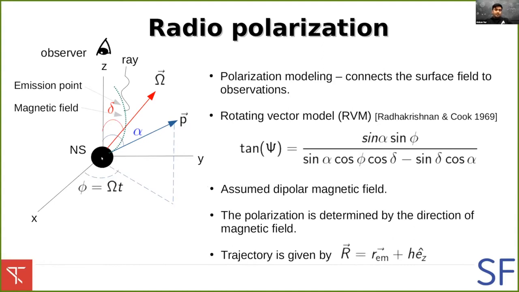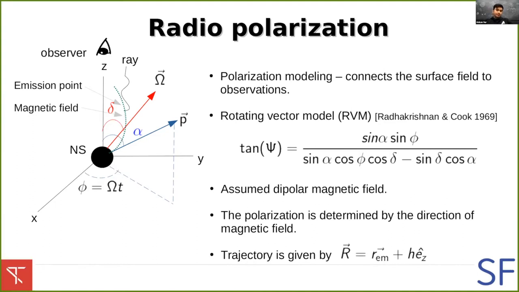So if we look at this picture, the angle alpha is the angle which the magnetic moment axis makes with respect to the observer, which is along the z-axis. And the angle delta is the angle between the observer and the rotation axis. Now, given a magnetic field at the emission point, the magnetic field is oriented along the observer's line of sight, and this determines the direction of the emission.